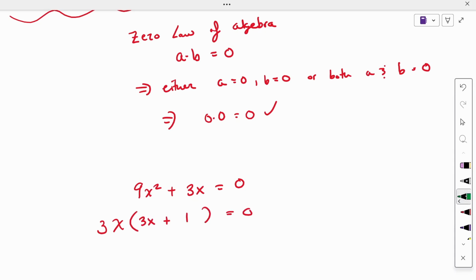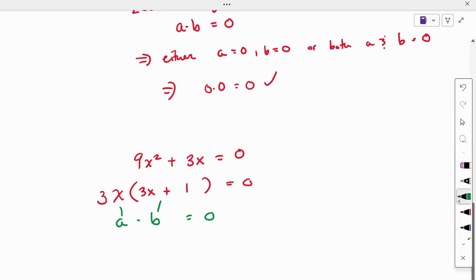Then you actually have a situation where A times B will equal 0. And while we're not used to thinking of the term 3 times x as being just some number, because we actually don't know what x happens to be, if we did know what x was, if x was, say, 1, then we would just have some value, 3 times 1, right?